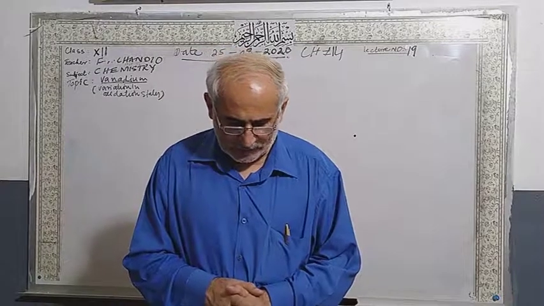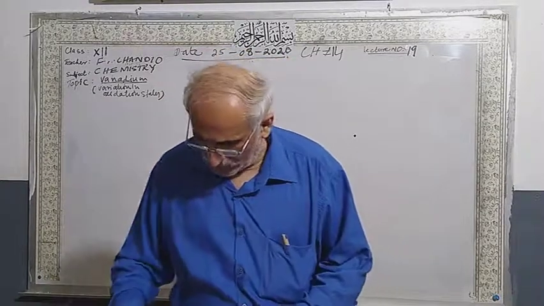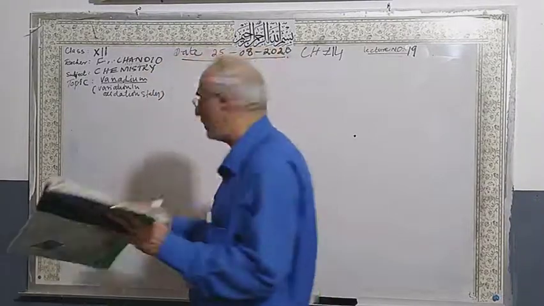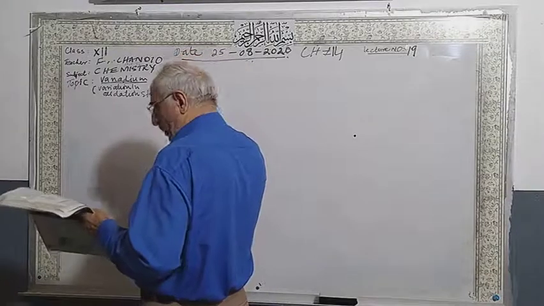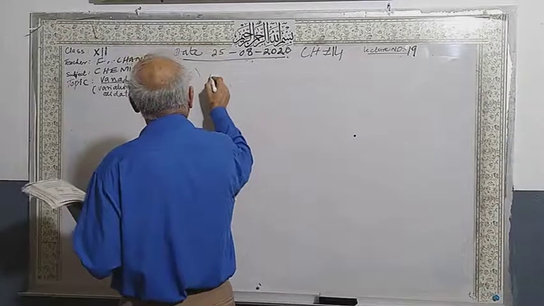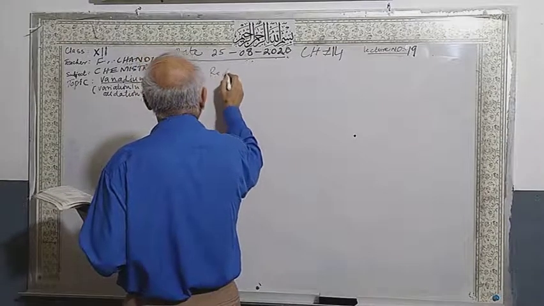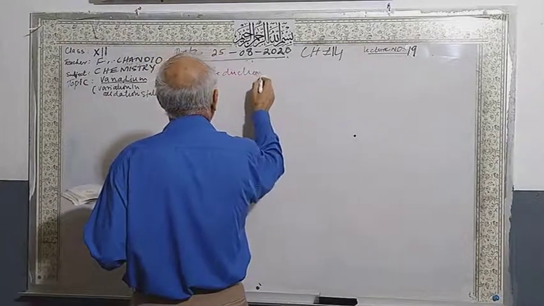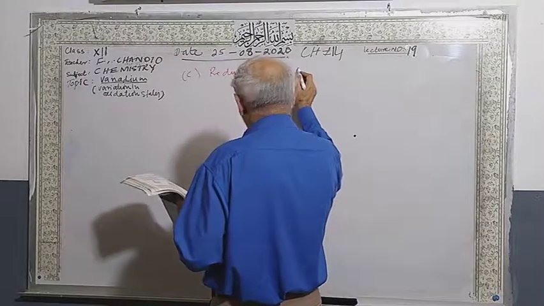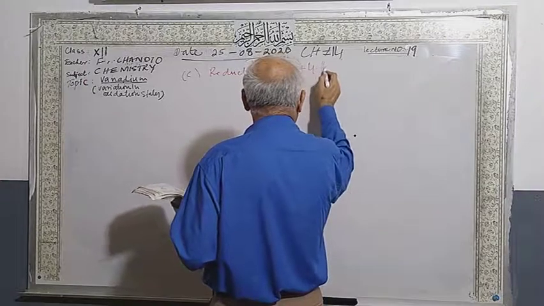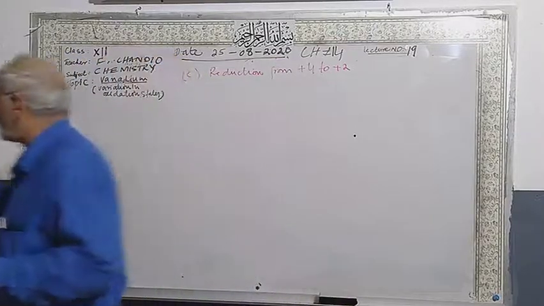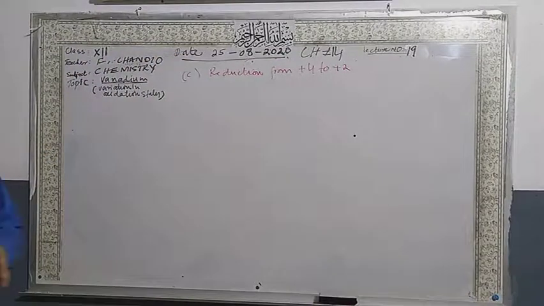Now here is point C, on page number 74: reduction from positive 4 to positive 2.